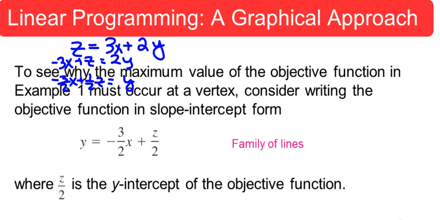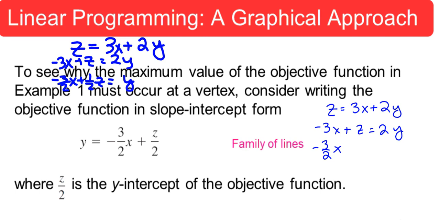And then to think about why that maximum has to occur at a vertex, think about writing this objective function in slope-intercept form. So maybe I'll just rewrite that. Z equals 3x plus 2y, and so then negative 3x plus z equals 2y, and then negative 3 halves x plus 1 half z equals y.